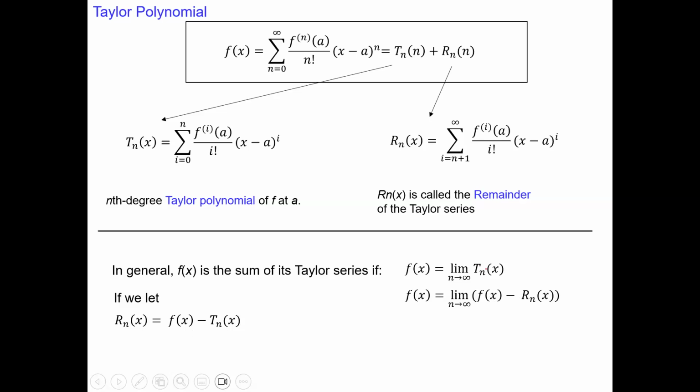I hope we are okay with this one. How can I maybe illustrate this? If this is the entire function f of x, we're doing the approximation by the Taylor polynomials, and we still have this error, which we call the remainder. That means f of x minus the remainder gives us the Taylor polynomial.